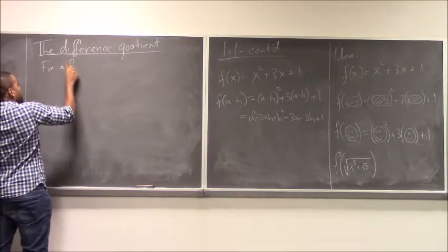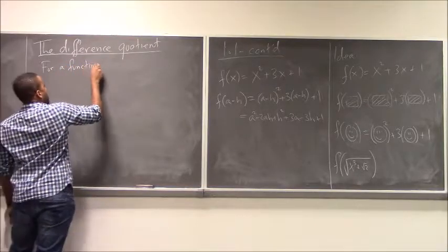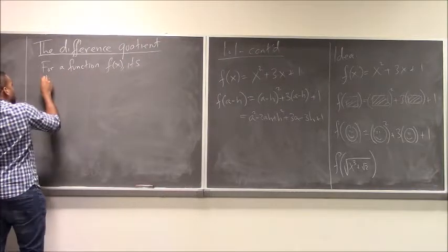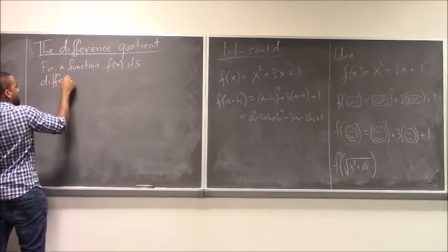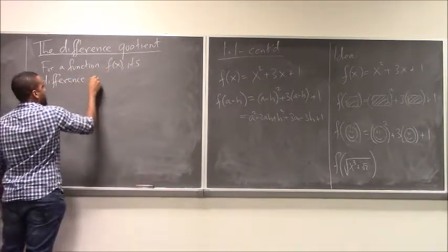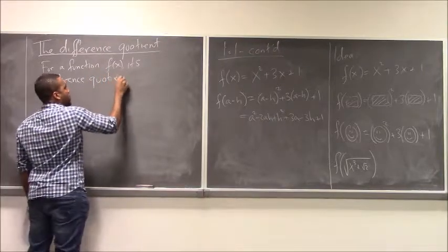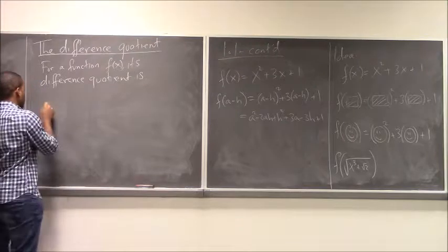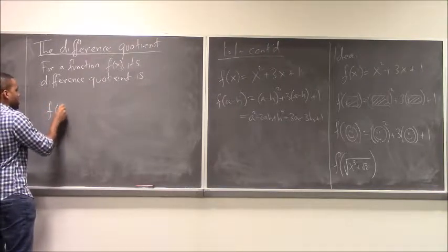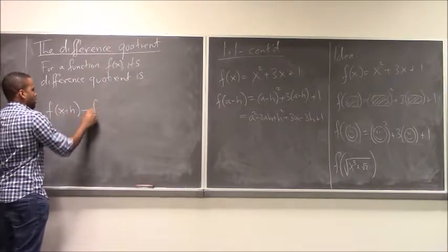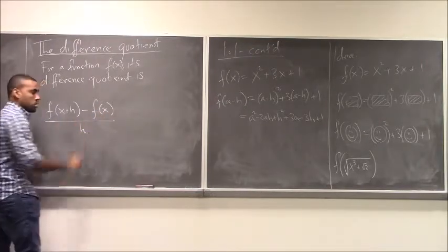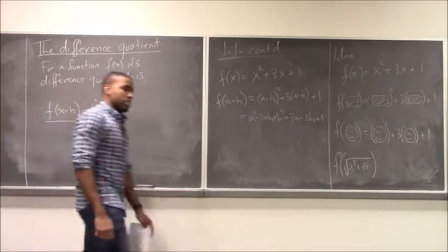For a function f of x, its difference quotient is the following: f of x plus h minus f of x, all over h. This is called the difference quotient.